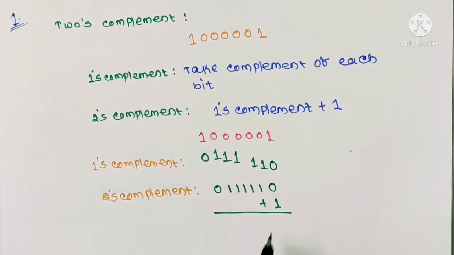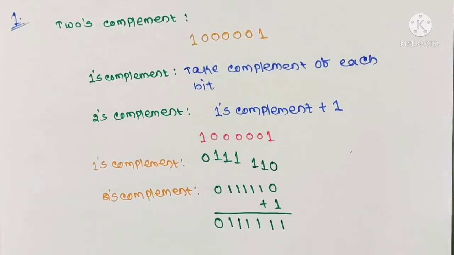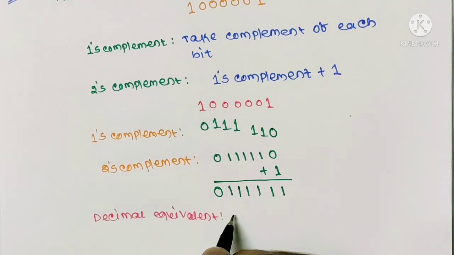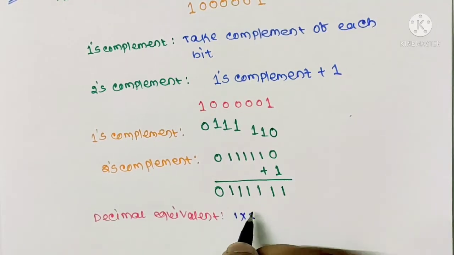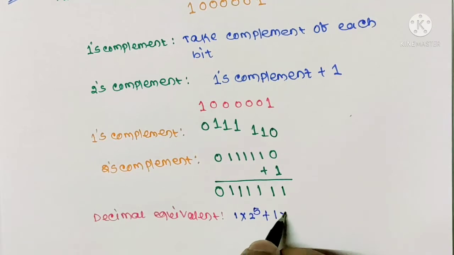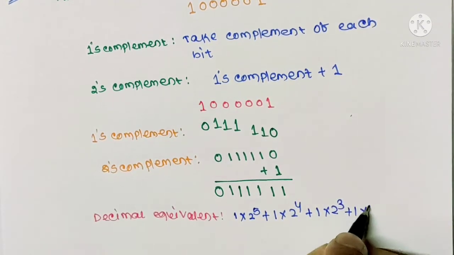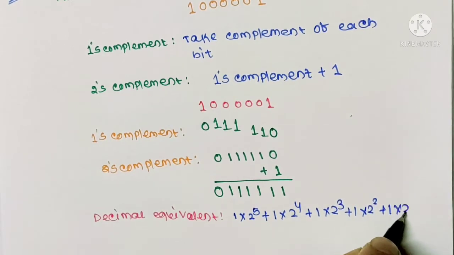Now 0 plus 1 is 1, 1 1 1 1 1 1 0. Now we have to find the decimal equivalent of this 2's complement. So 1 into 2 to the power 5 plus 1 into 2 to the power 4 plus 1 into 2 to the power 3 plus 1 into 2 plus 1 into 1 plus 1 into 2 to the power 0.